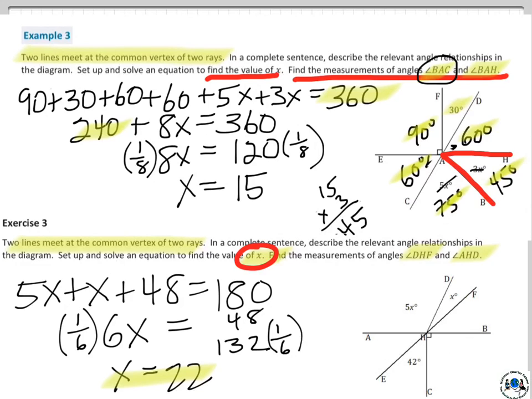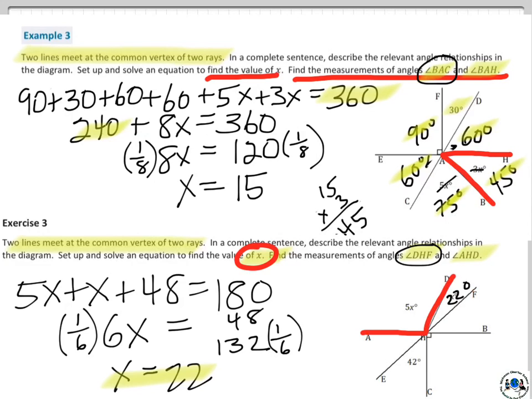We know that this is 22 degrees. But we also want to find out DHF, which is right here. Oh darn, that's one. Yeah, 22 degrees, of course. All right, DHF is 22 degrees.